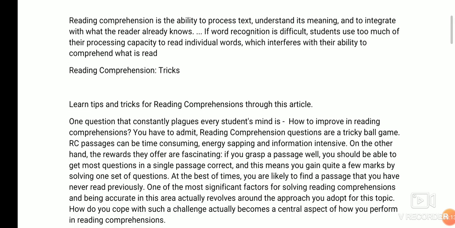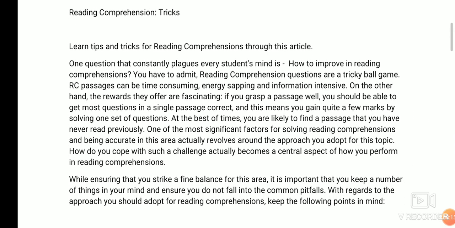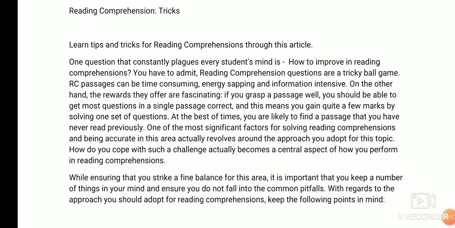So here are some tricks or tips, I would say. This thing you don't have to read, but it is good for you. If you read it, it will be more beneficial for you. But still, I will read it for you.